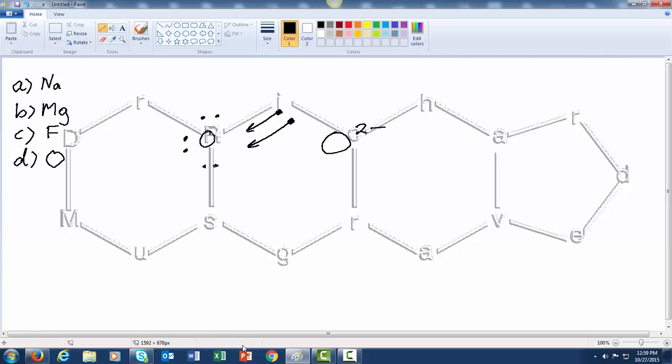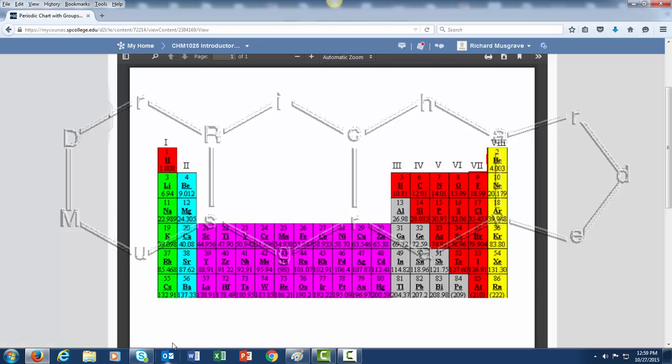Alright, so just summarizing what we've learned. We can look at the number of valence electrons, and that will give us an idea of the charge that an element will end up having once it loses or gains electrons. If it's in group 1, 2, or 3, it will tend to lose electrons and become a cation.